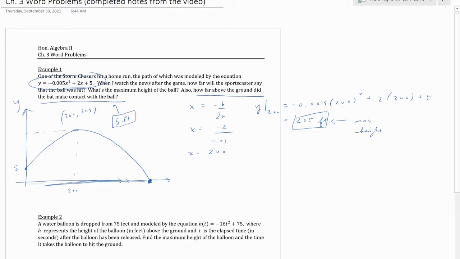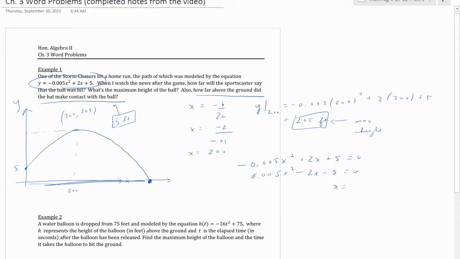Now, when it hits the ground again, that will be how far it traveled. So I want to know when the height is 0. I'm going to take that equation and set it equal to 0. I don't like to lead with a negative, so I'd divide both sides by -1. And I might as well use the quadratic formula, since we're going to be rounding this off anyway.